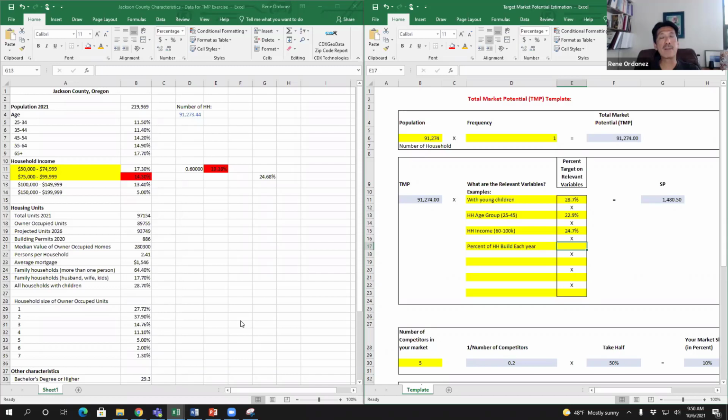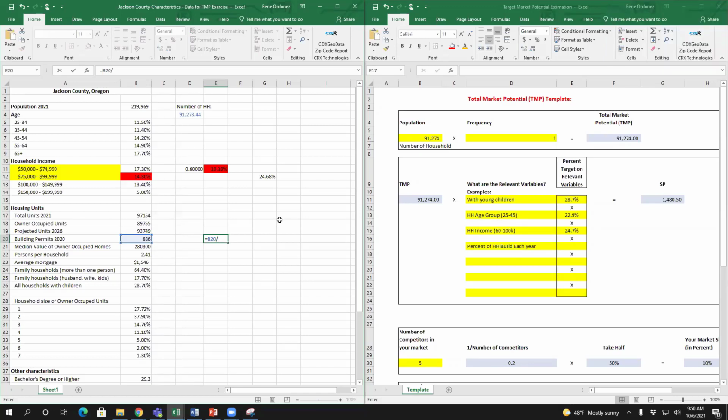You're right, absolutely right. You look at the number of building permits for the year, which in 2020, there were 886. Okay, so 886 in relation to what? To this number here, 97,000, to 89,000, or to 93,000? Probably total units.